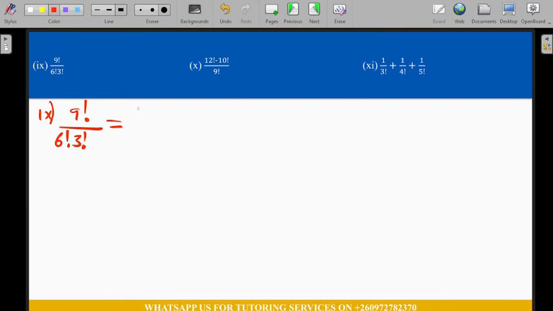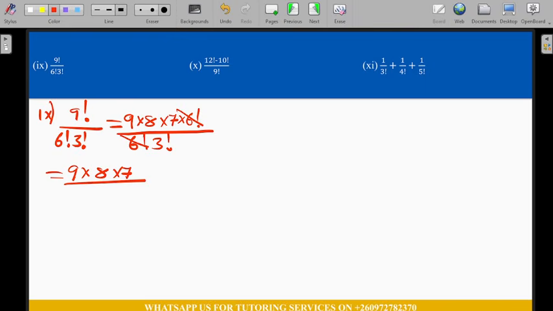So we'll reduce 9 up to 6 factorial and say 9 times 8 times 7 times 6 factorial over 6 factorial 3 factorial. So now 6 factorial and 6 factorial cancel. So now we have 9 times 8 times 7 over 3 factorial, which can be written as 3 times 2 times 1.